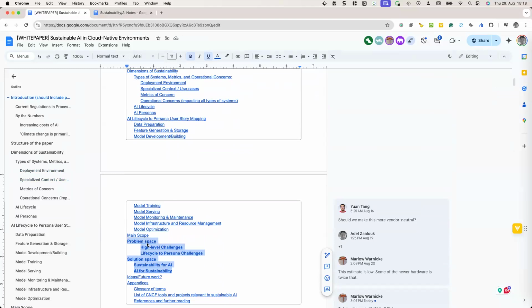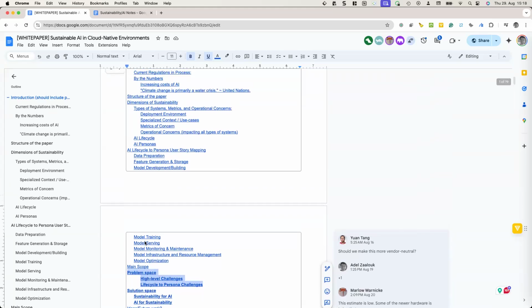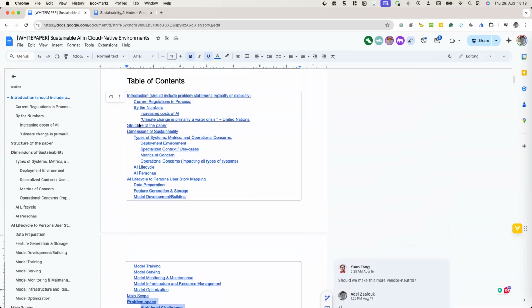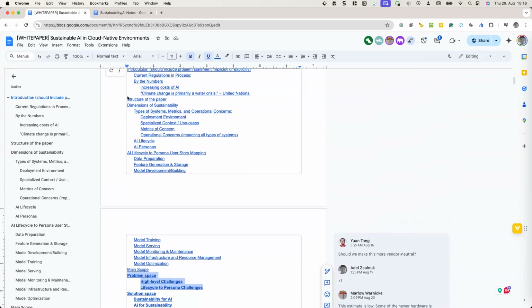So either we describe the problem and describe the solution next to it, or have a separate section for that. I think both approaches make sense, but at least we should all be comfortable with the structure of this. And if we're not, we should be discussing that before we divide the work.